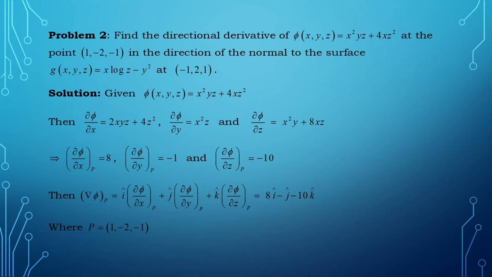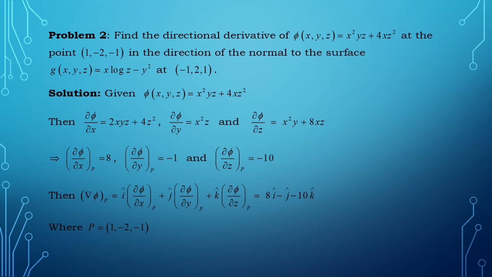Now we find dou phi by dou x at P, dou phi by dou y at P, and dou phi by dou z at P. Here P is the point (1, -2, -1). If we find these values, we obtain dou phi by dou x at P equals 8, dou phi by dou y at P equals -1, and dou phi by dou z at P equals -10.